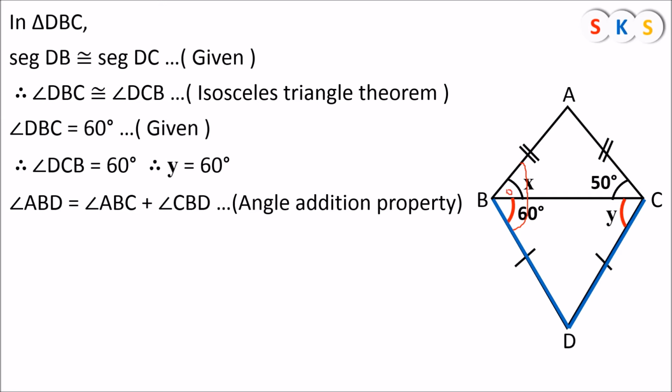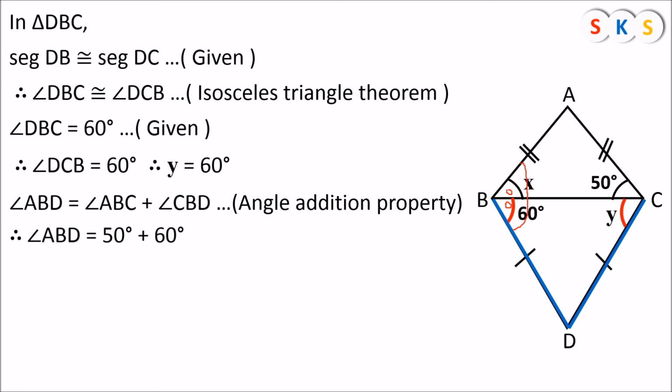Therefore angle ABD equals 50 degrees plus 60 degrees. In place of ABC we write 50 degrees, since angle ABC is X and X is 50, and in place of CBD we write 60. Therefore angle ABD equals 110 degrees.